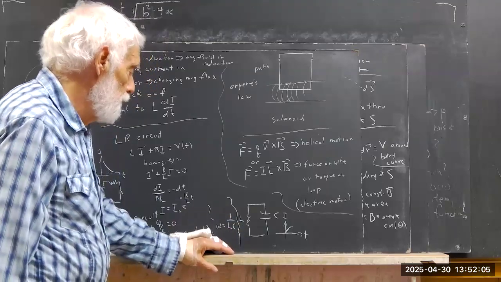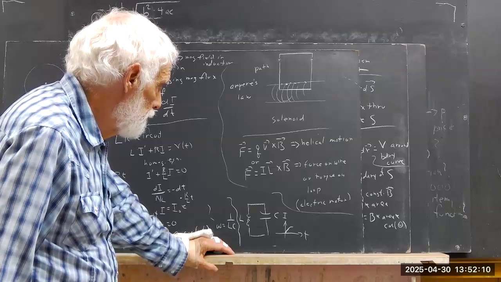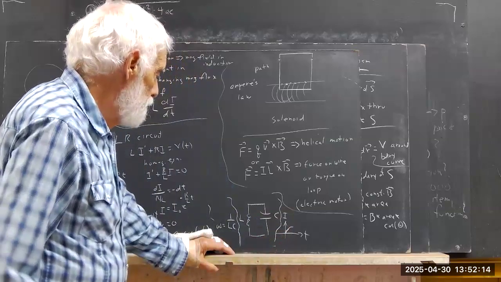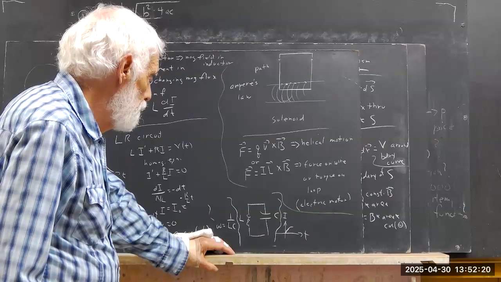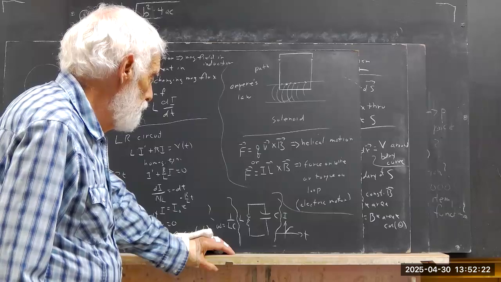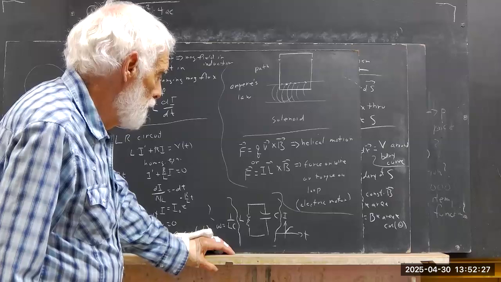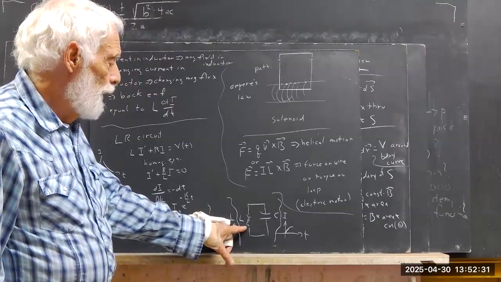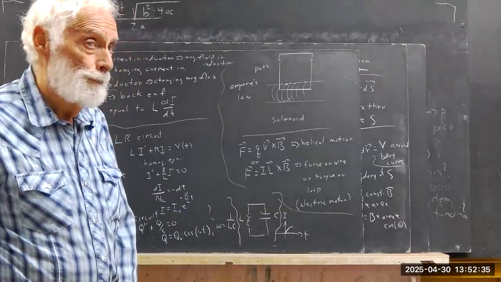Again, I'm explaining this wrong. So you've got a current here, no back EMF, so it starts discharging through the capacitor, right?